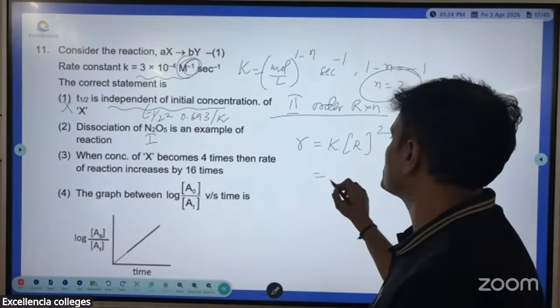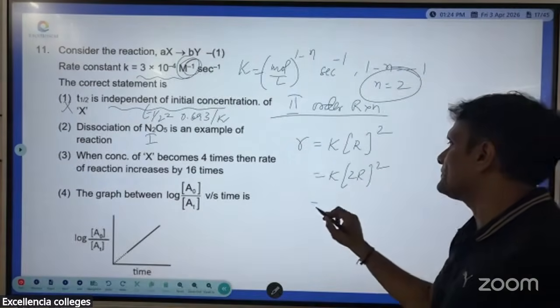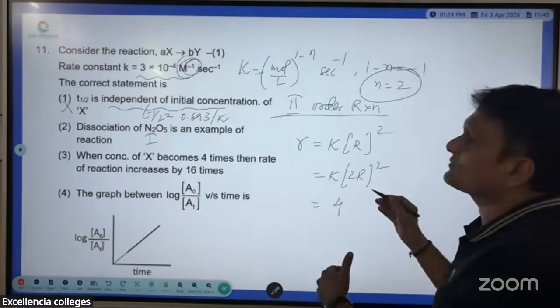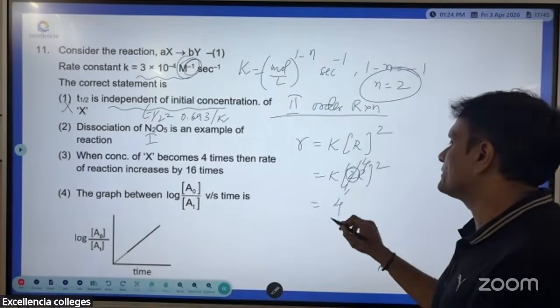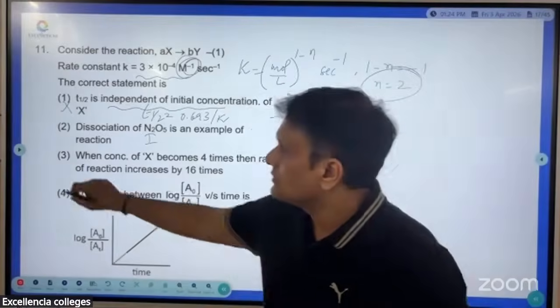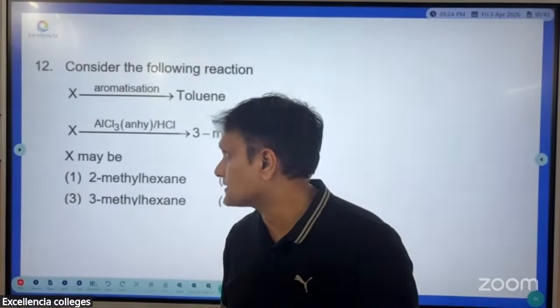Now you see, when I substitute 2 times the initial concentration, the rate becomes 4 times. Whereas if I substitute 4 times, then this becomes what? 16 times, because it is squared every time. So it seems that option 3 is perfectly matching, isn't it? What do you all say?